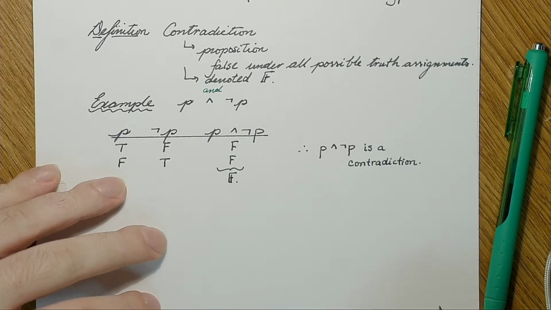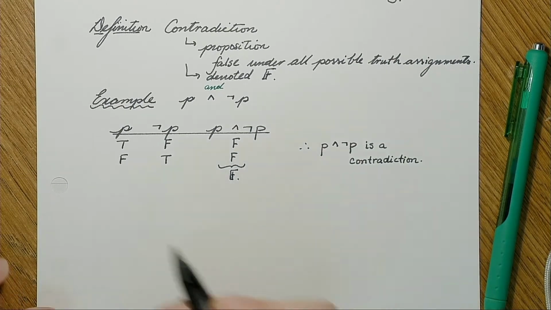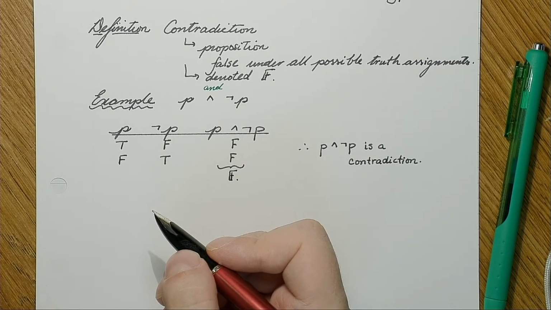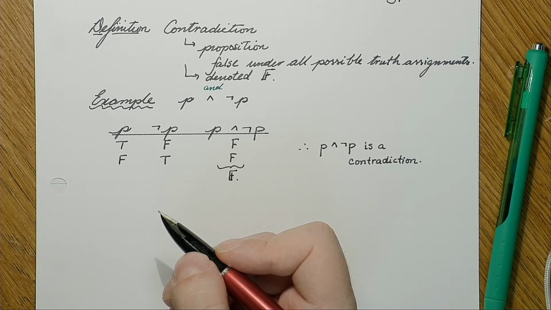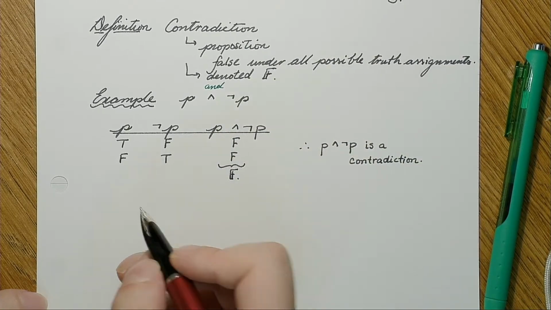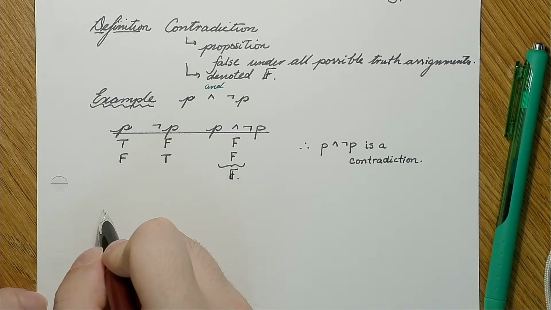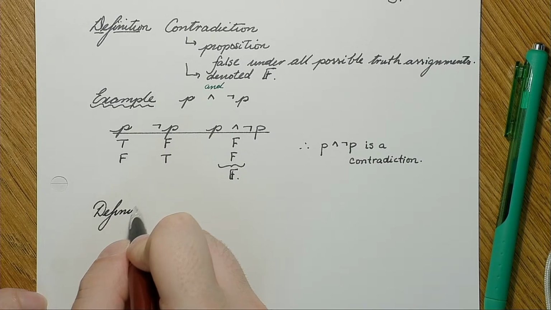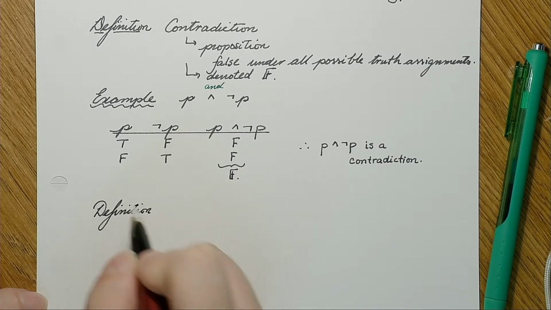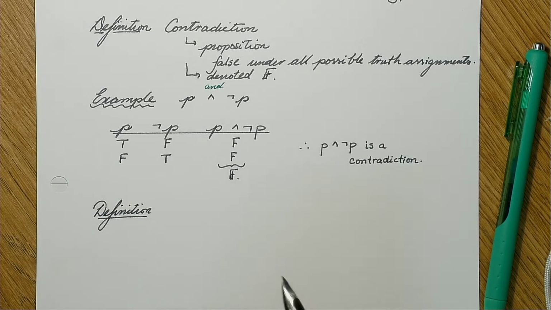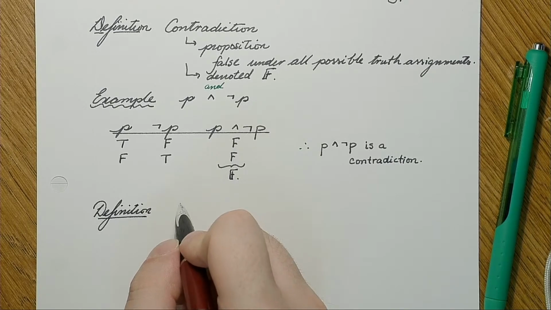Okay, and then the last case, we've done where it's true under all possible truth assignments. It's false under all possible truth assignments. Then the last case is that it's neither all true nor all false. And that's what we call a contingency.